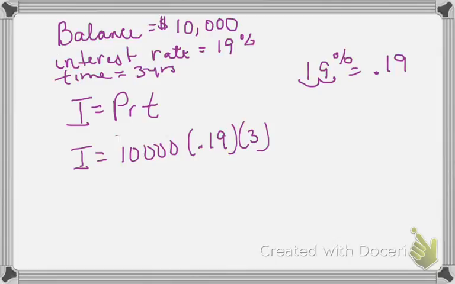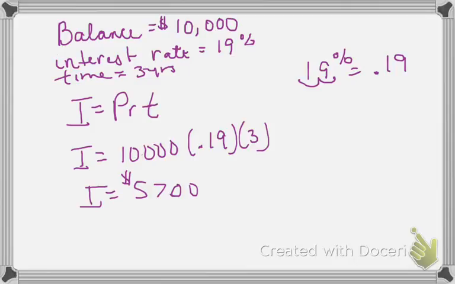Remember, 0.19 is the decimal form of 19%, and time is 3 years. And so my interest is $5,700. $5,700.